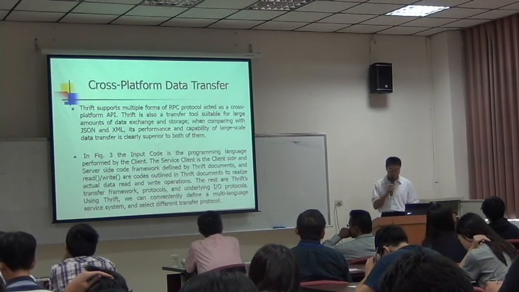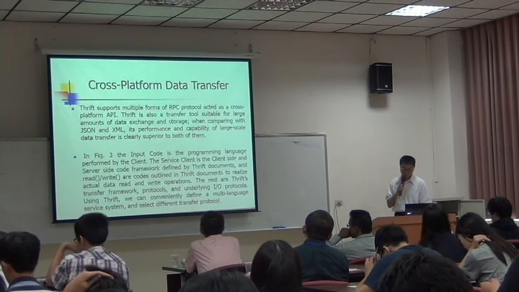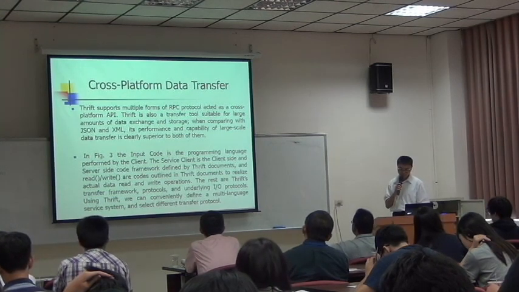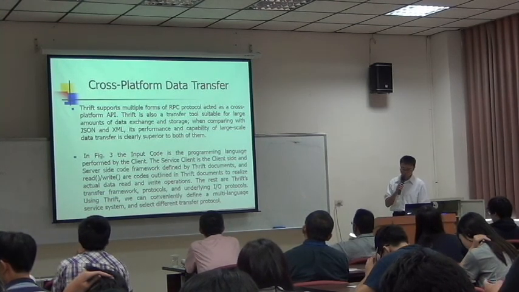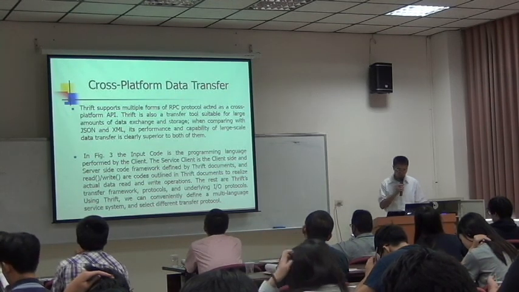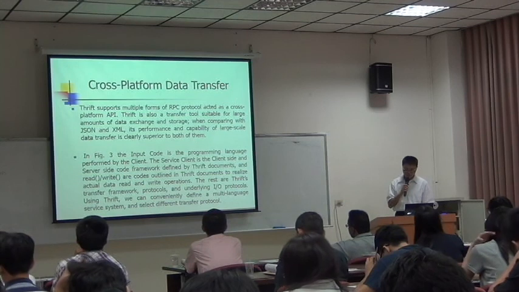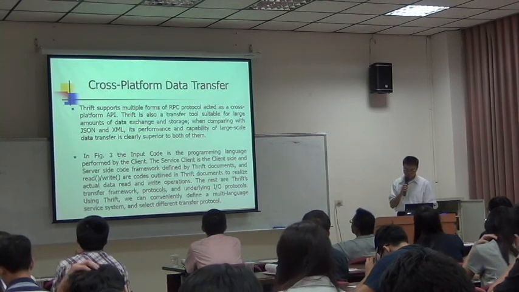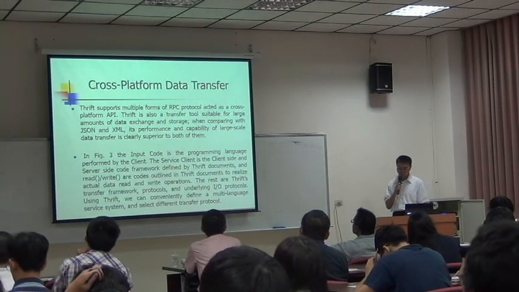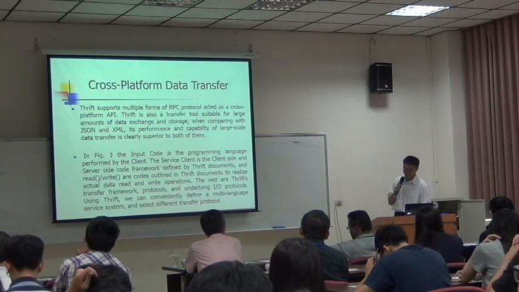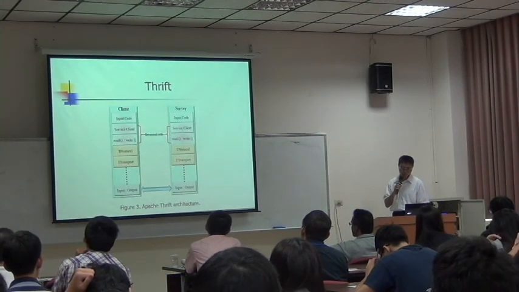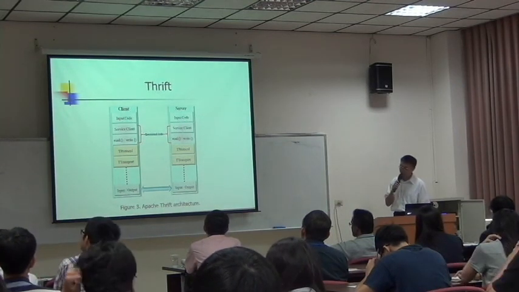The rest are the built transport framework protocols and underlying input-output protocols. Using Thrift scripts, we can conveniently define a multi-language service system and select different transport protocols. And this is Figure 3, the Apache Thrift architecture.